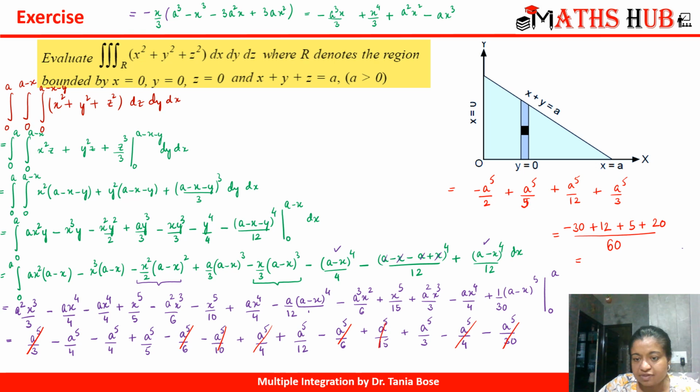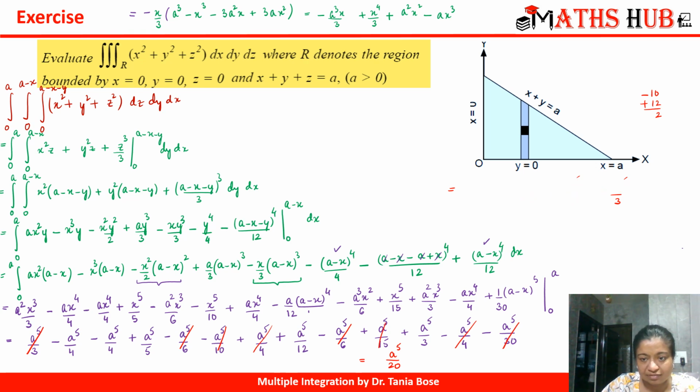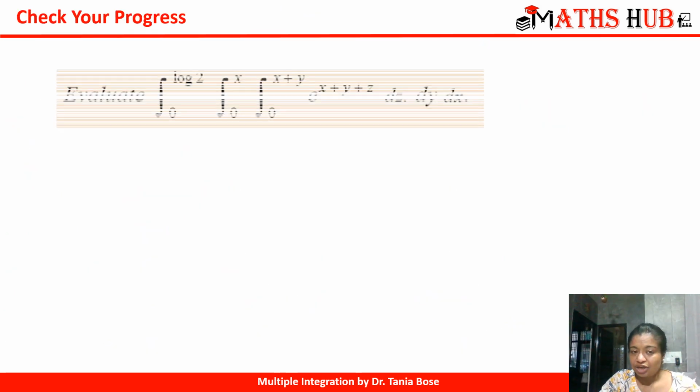So after doing the simplification, you will find that these terms will become a to the power 5 by 20, right? So I think you can do these calculations on your own and check these terms, right?